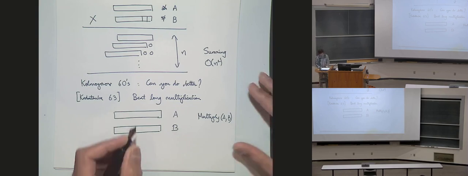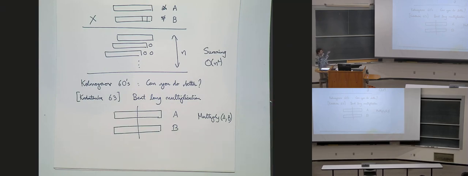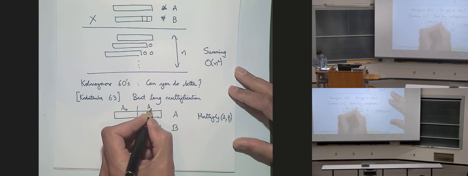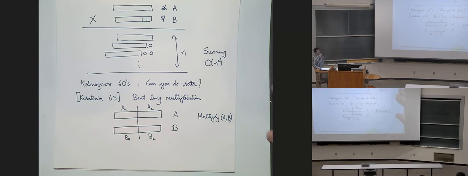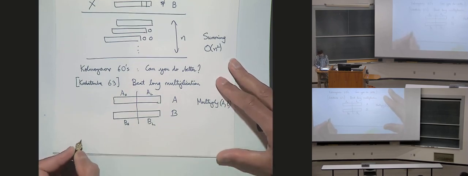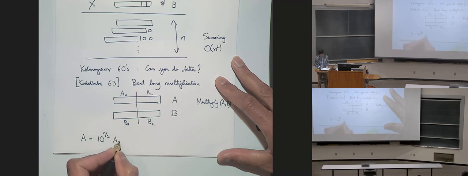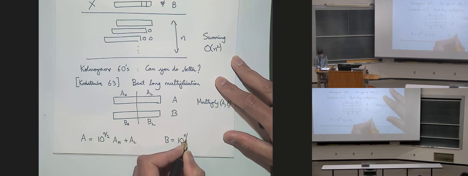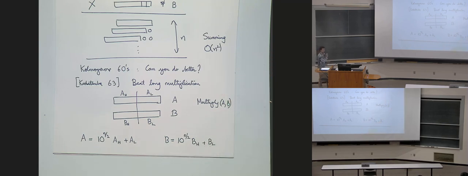I'm going to do it by recursion as follows. What would you do? You'd say, okay, let's divide this into 2 parts. You just take the digits: the first part, the second part, and I'll call these A high and A low, B high and B low. So essentially A is equal to 10 to the n over 2 times A high plus A low. B is equal to 10 to the n over 2 times B high plus B low. I've just broken up the digits.